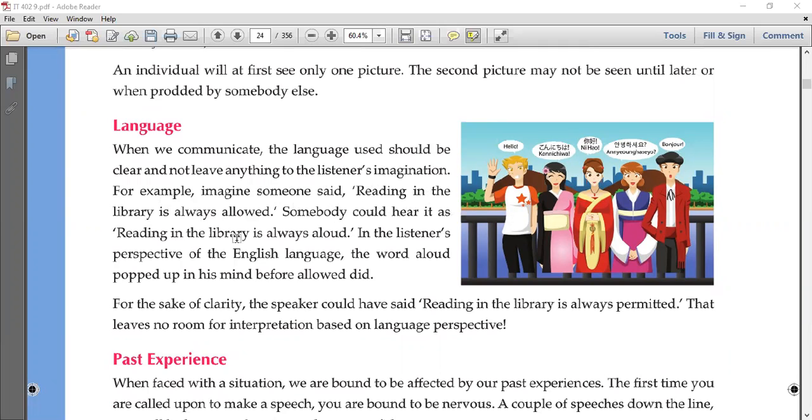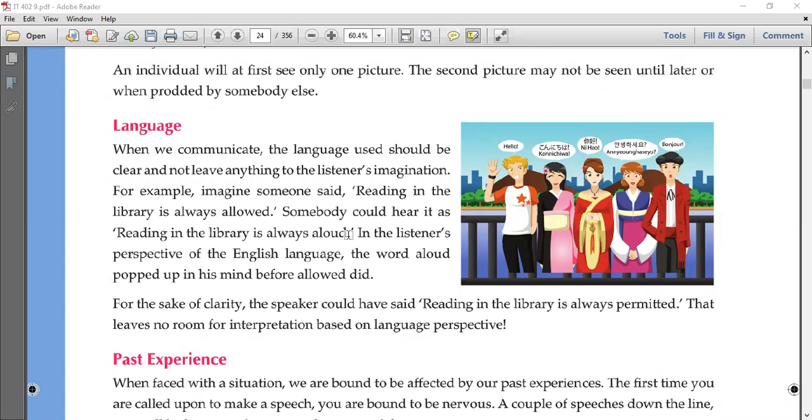Somebody could hear it as reading in the library is always aloud, right? Allowed means this allowed and that aloud, both are different, but the pronunciation of both is the same, but the meanings of both are different. This allowed means it is allowed to talk, and this aloud means to speak in a louder voice.